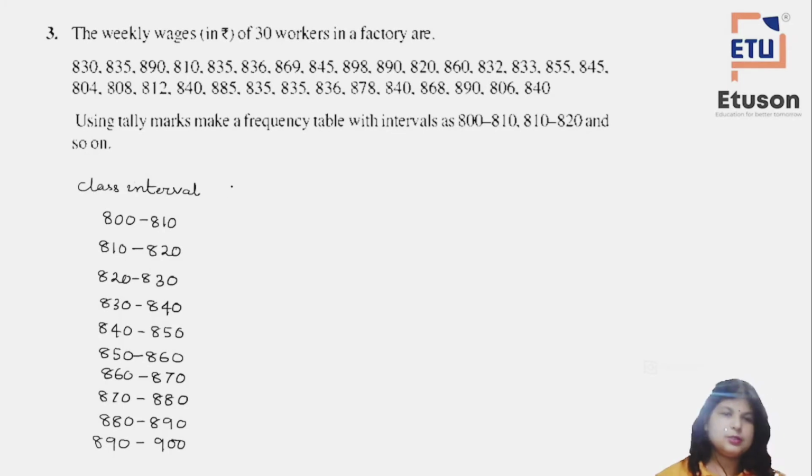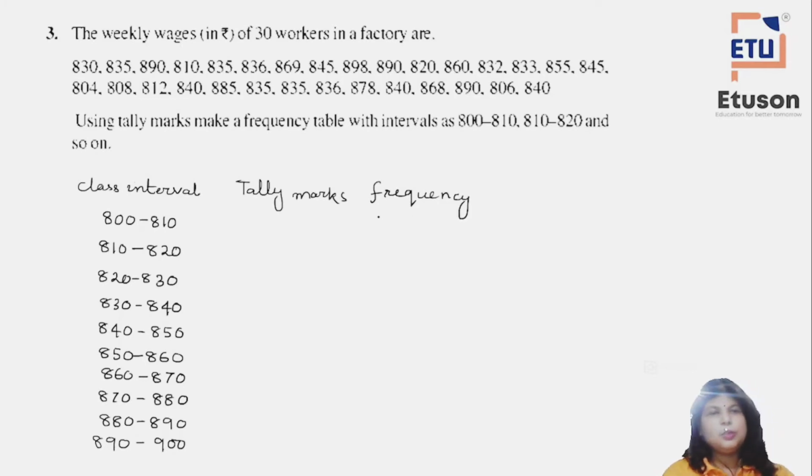Correct? So this is the class interval. Then the next column will be tally marks, and the last one is your frequency. Frequency is nothing but how many times a number is repeated, or how many numbers are in between the lower limit and the upper limit of the class interval.